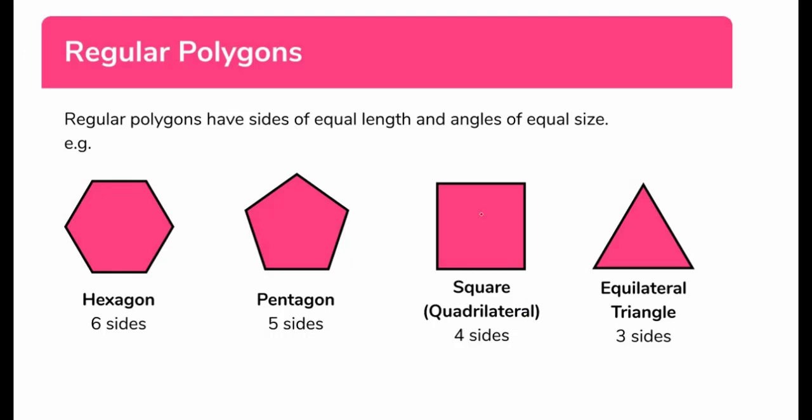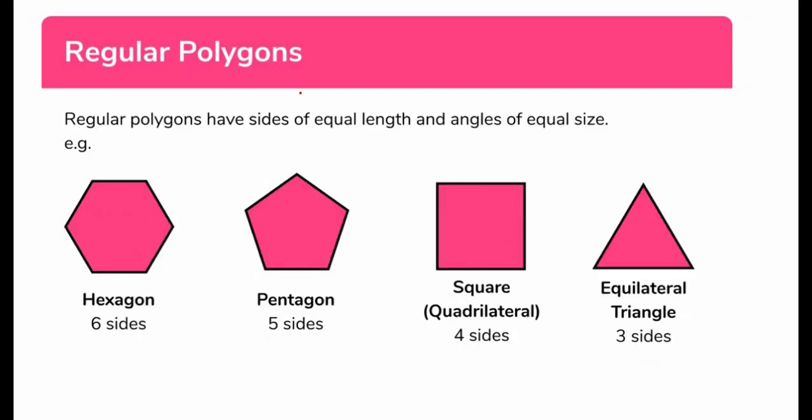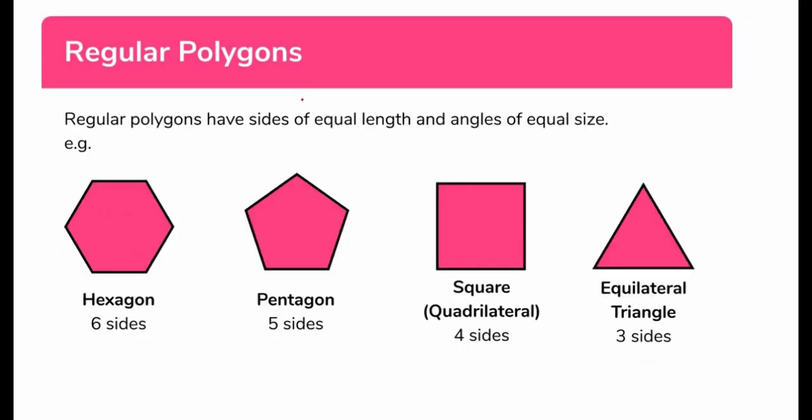In polygons, there are regular polygons and irregular polygons. How many types of polygons are there, children? Regular polygons, irregular polygons. First we will see regular polygons. What are regular polygons?